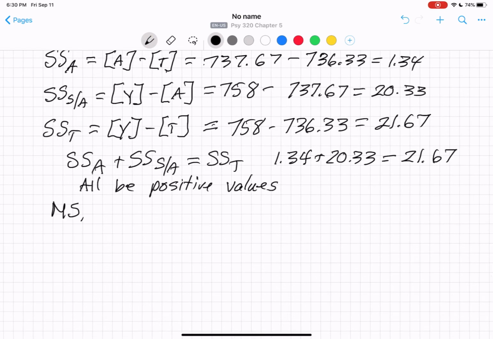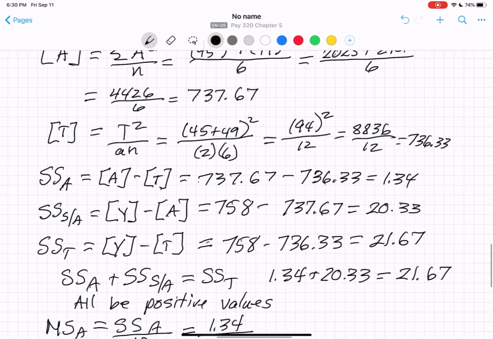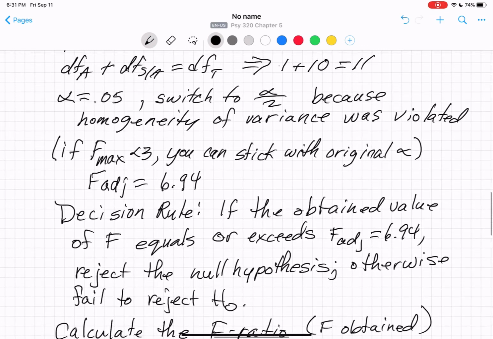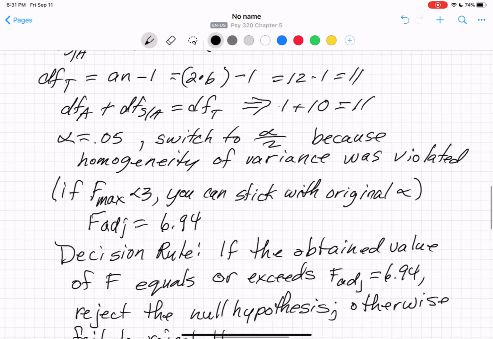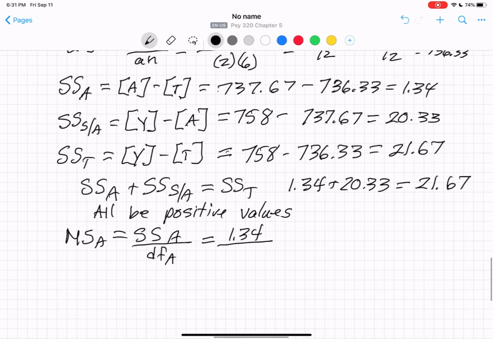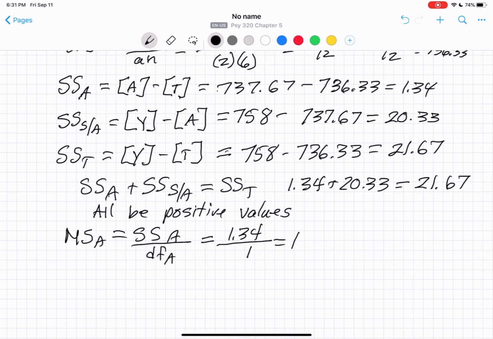So mean square A equals sum of square A divided by degrees of freedom for A. So our sum of squares for A is 1.34. We did our degrees of freedom earlier. Here it is, 1. So it's still 1.34.